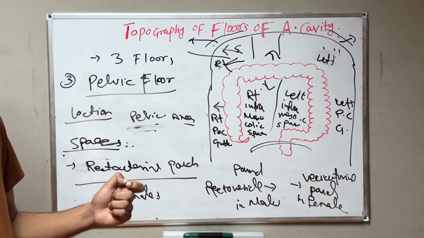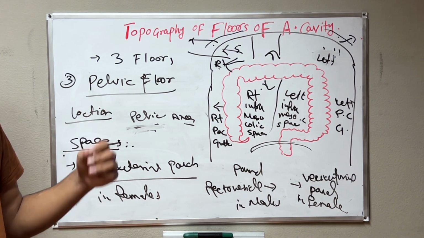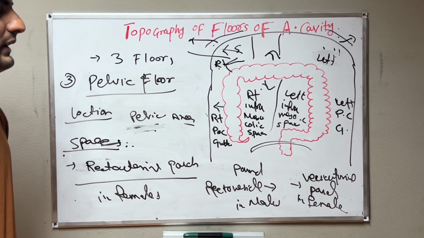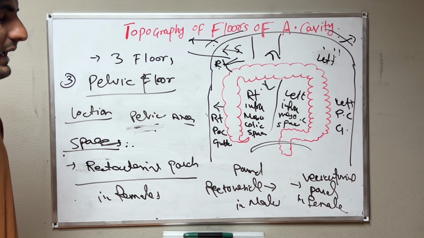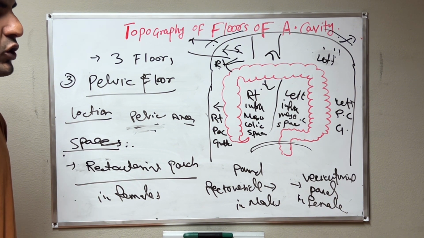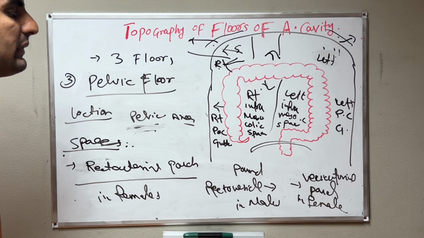Then we have the abdominal aorta and inferior vena cava also. This is the inframesocolic floor. And there we have spaces: right and left paracolic gutters, and then right and left inframesocolic spaces.